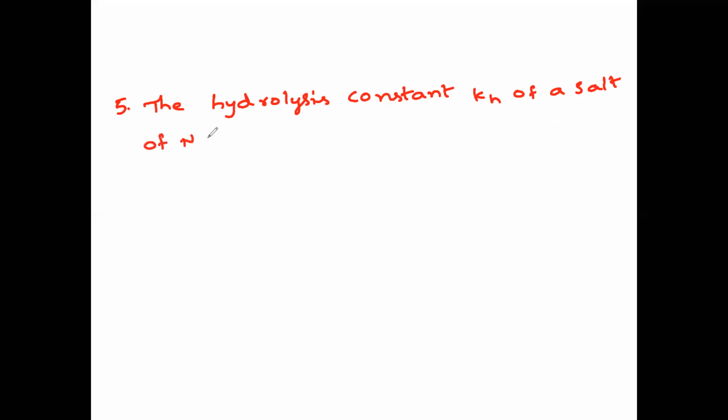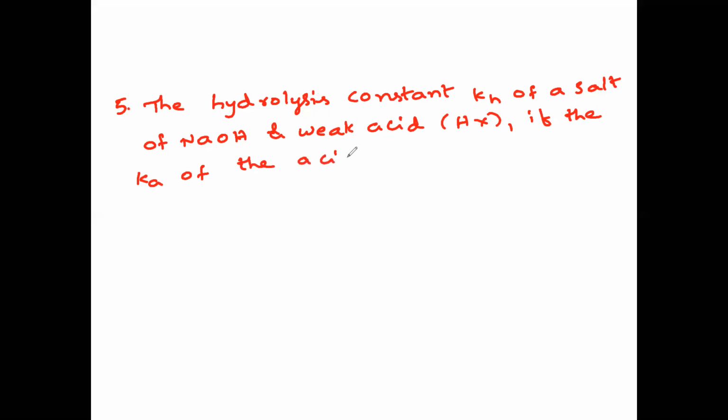They have given NaOH and a weak acid, that is HX, if the Ka of the acid is 2 into 10 to the power of minus 6.